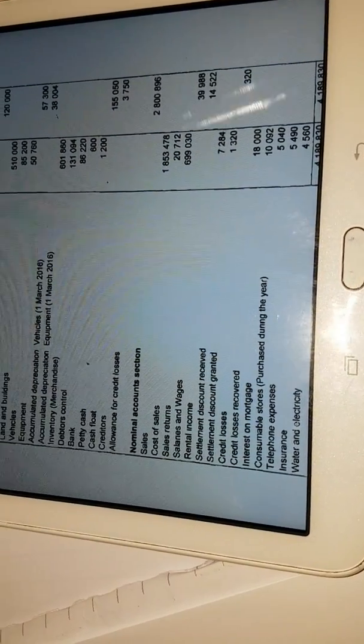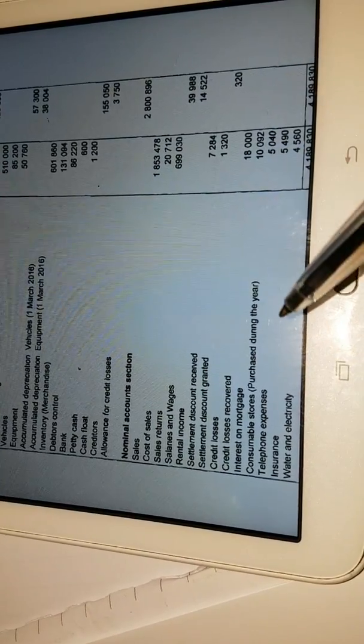This is the consumables which was remaining at the end of the financial year, and here we have the consumables which was there during the year, 10,092. So you must say the consumables that was there during the year minus the remaining consumables at the end of the financial year. That's how you get the deficit.